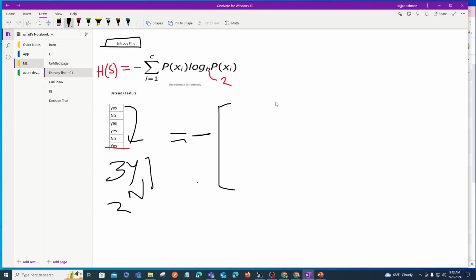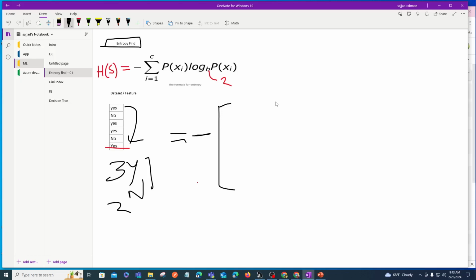Now we try to calculate our randomness. For p(xi), first of all I want the 3, the probability of 3 yes out of 5, and I put it there. Then log of the same thing, 3 by 5, with log base 2.